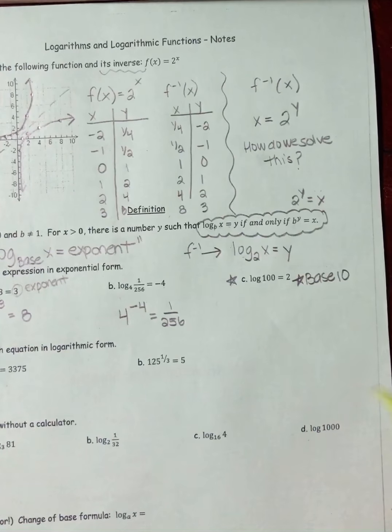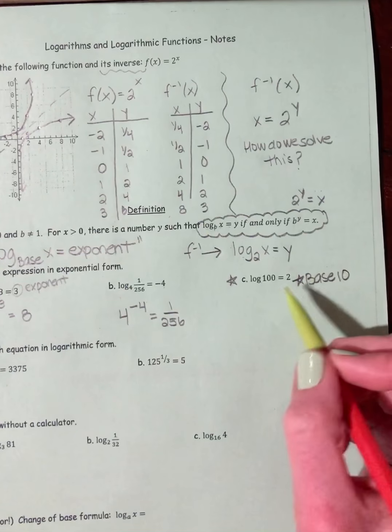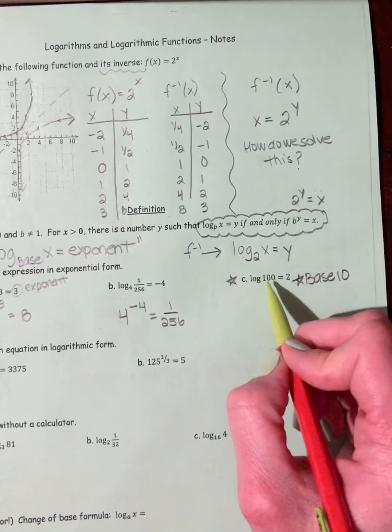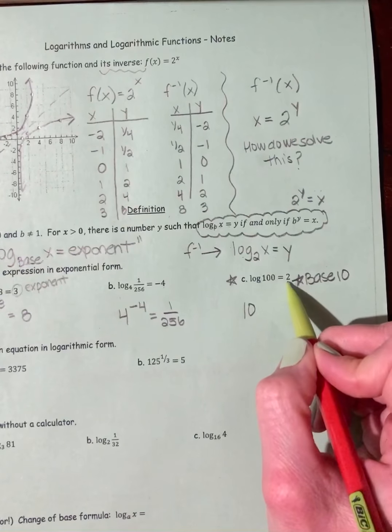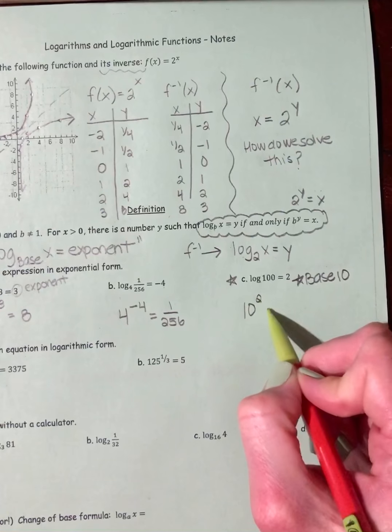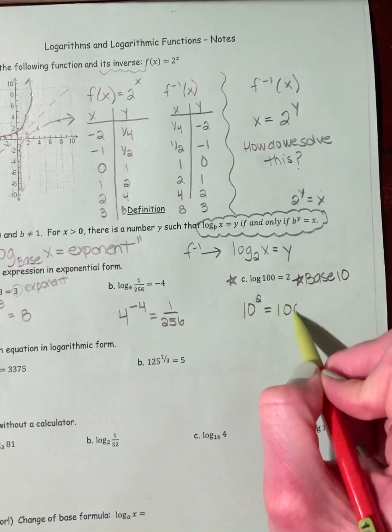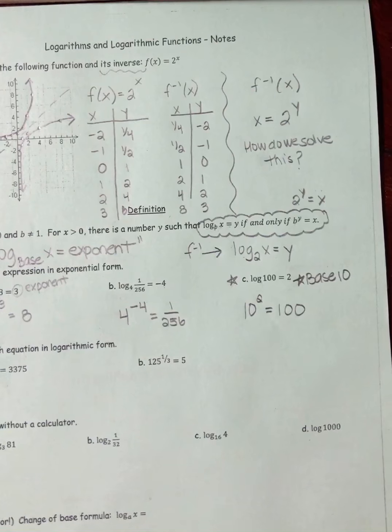It's like how if I said to you, I have the variable x, we know the exponent on x is the first power, but we don't write it. Same idea here. So if I wanted to take this and rewrite it, the base is 10, the exponent is 2, and that is equal to 100.